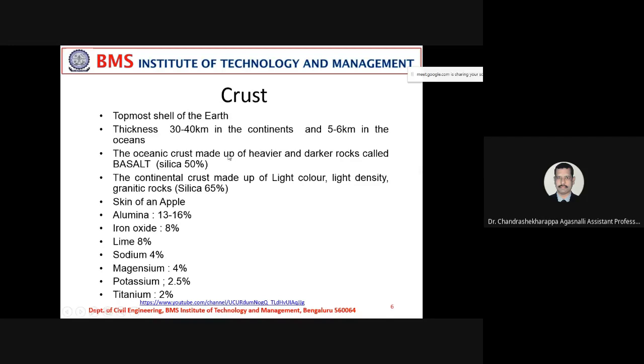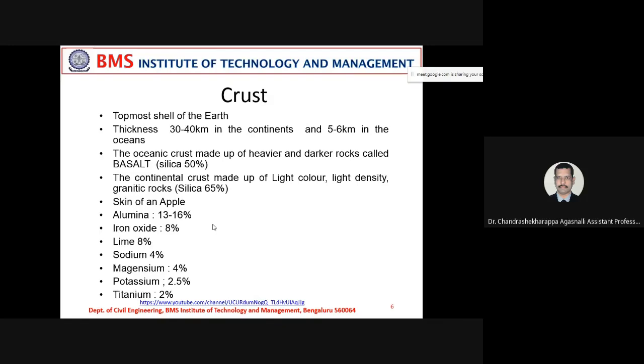There is 50% silica in the oceanic crust and 60 to 65% in the continental crust. That's the granites and the basalt. These are the chemical composition of the crustal part of the earth.